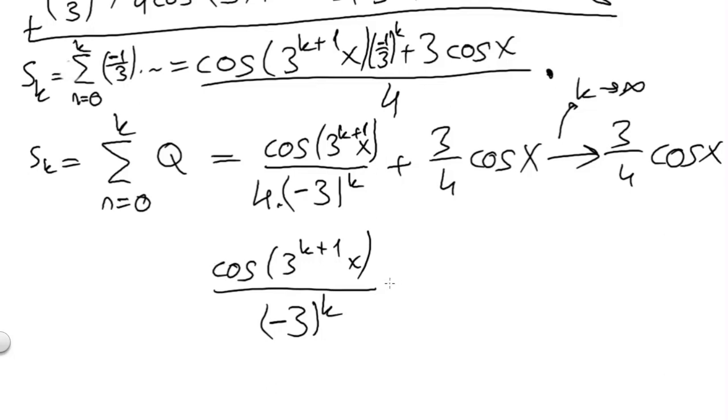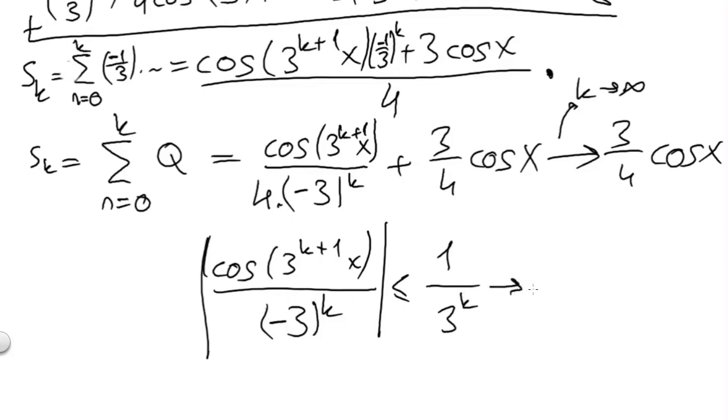This thing is always bounded, I can take the absolute value of it because the top part is less than or equal to 1. This is always true. And this thing can just be the same. I can just say this is just 3 to the k. Or yeah, this is actually equal to that because I'm taking the absolute value of it.